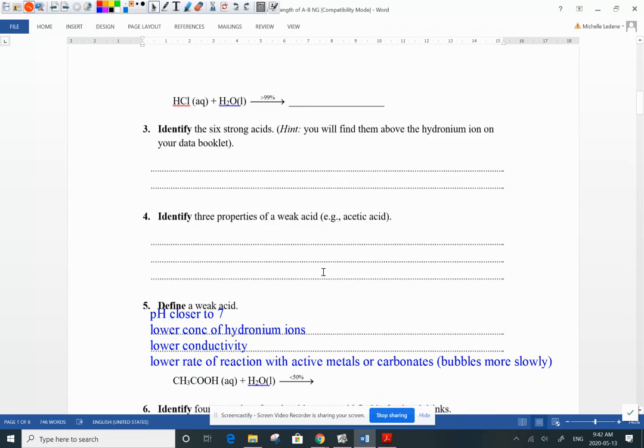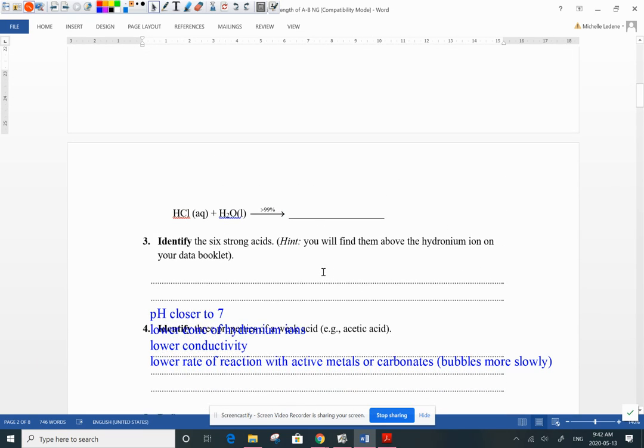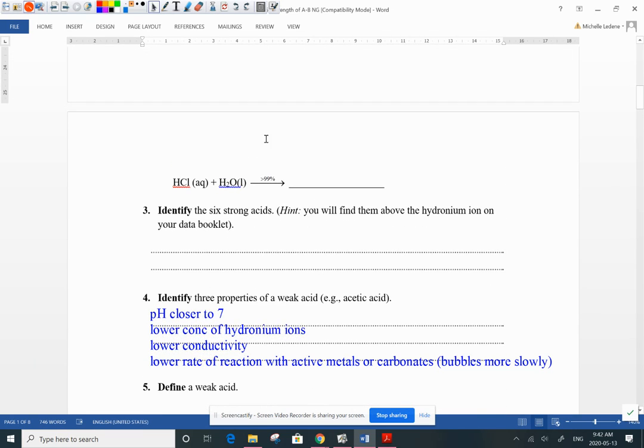They don't react as much with water. So properties of a weak acid: the pH is going to be closer to 7, right? Not above 7, we know that acids are always a pH less than 7. They have fewer hydronium ions in solution, they're less conductive, and they don't react as quickly with metals. They're going to bubble more slowly.